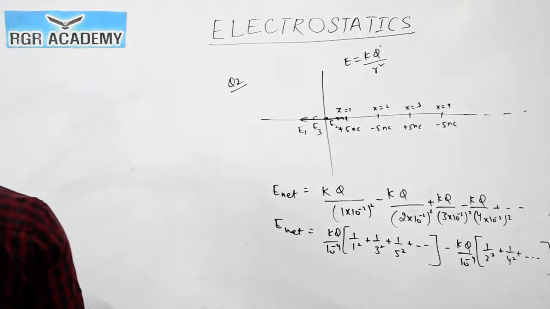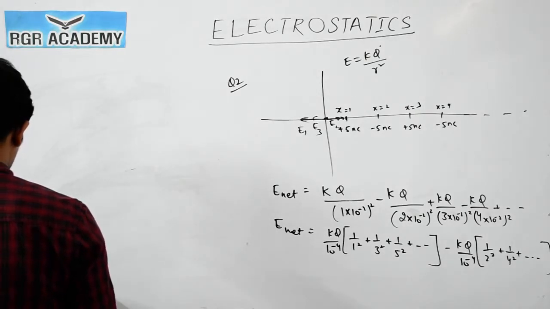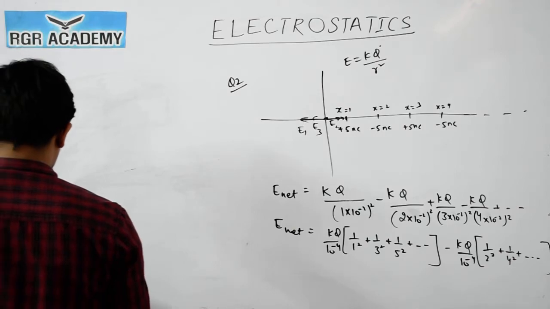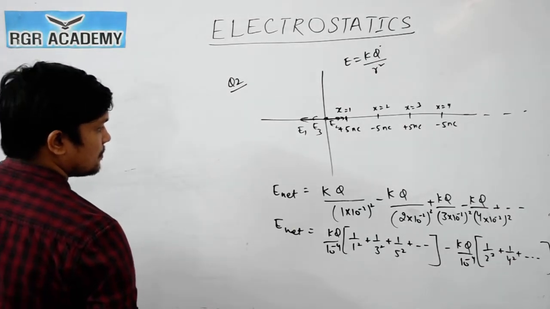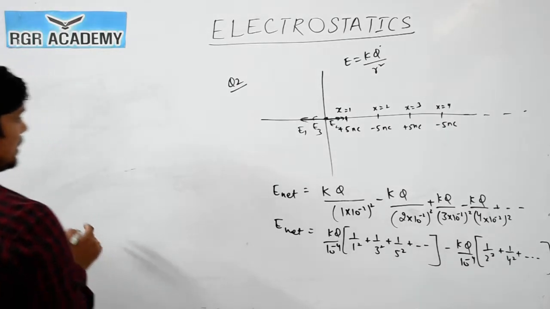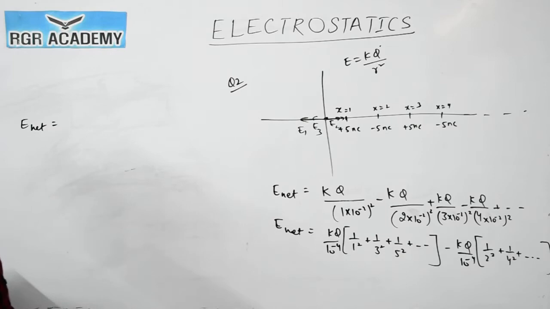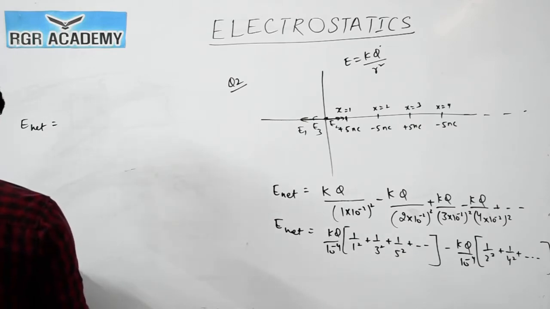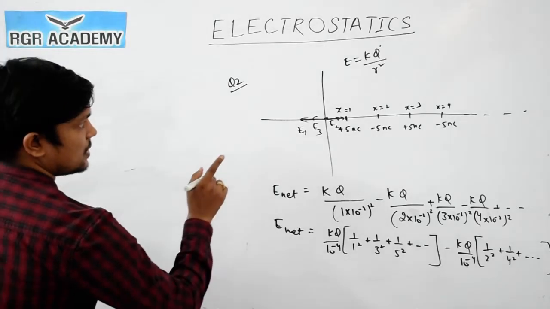So at last we will replace. So this value we can write as, E net will be equals to, E net we can write as... the value of q is 5.